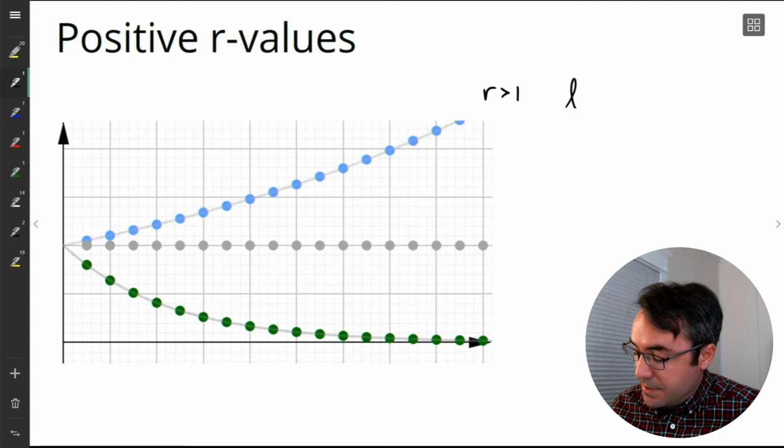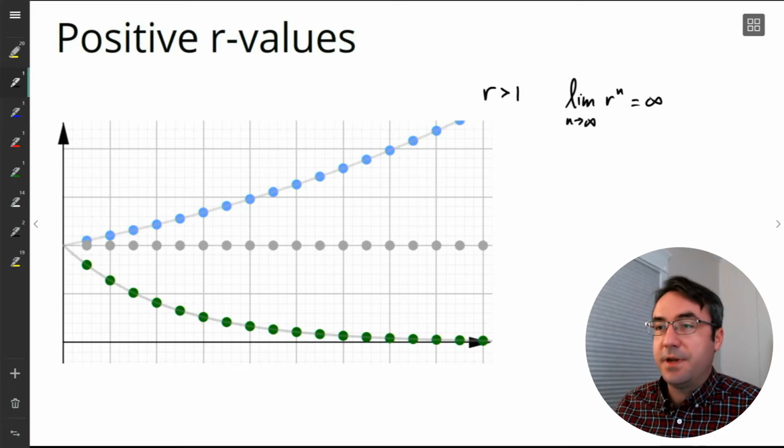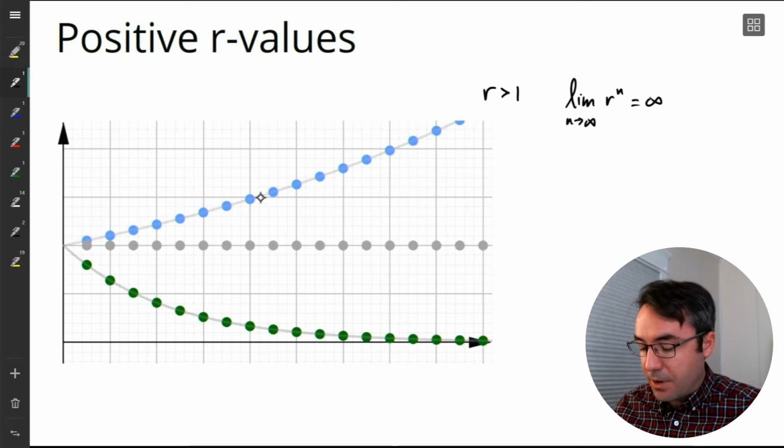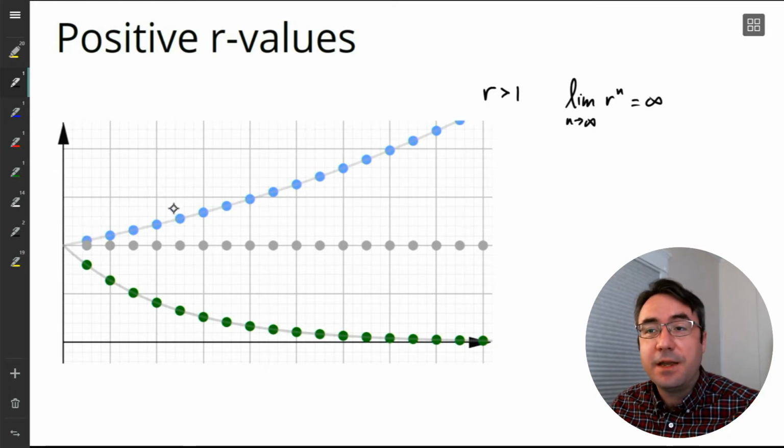And so in this case, the limit of r^n as n goes to infinity is equal to infinity. As n goes to infinity, all of the terms of our sequence follow along the curve and they just get really big.